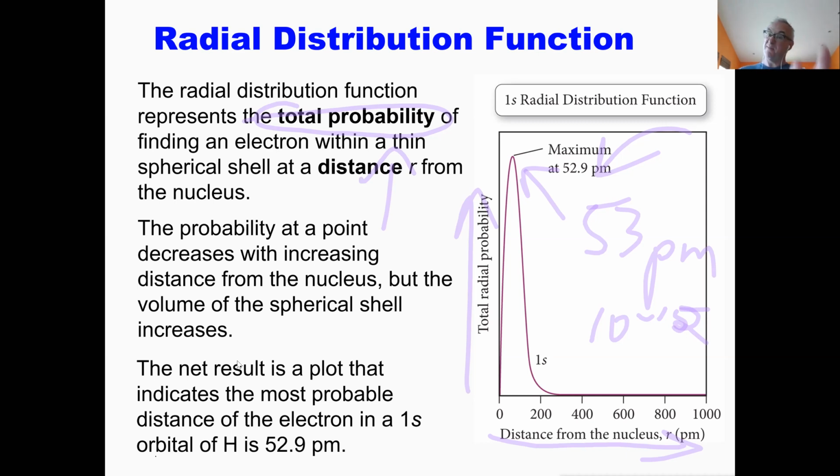But what I want you to take from this is that the very first level, and we call this 1s, and we'll talk about why it's S in a little while, the very, very first energy level for electrons looks like Bohr said it looked like.